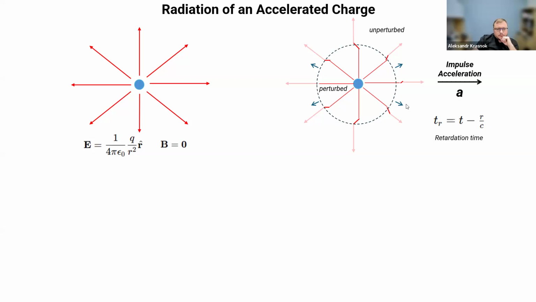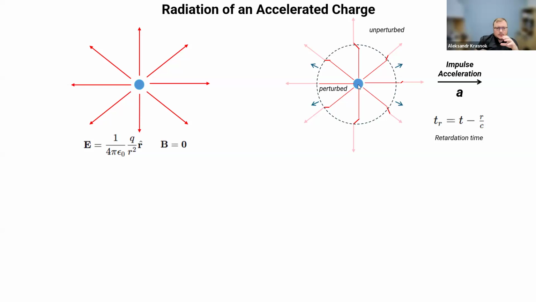To describe this process, we introduce the retardation time, right? So it's a time before which the field is not aware of the change, and after this retardation time, the field changes. And this retardation time is finite because the speed of light is finite. The field in the entire space cannot change abruptly or quickly.